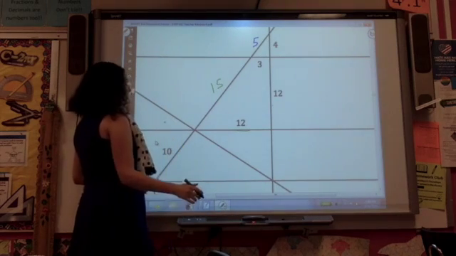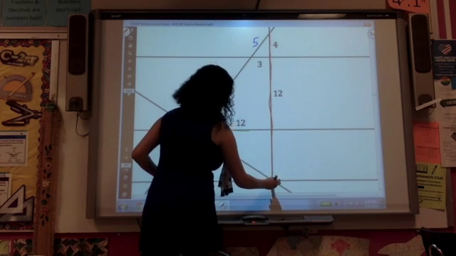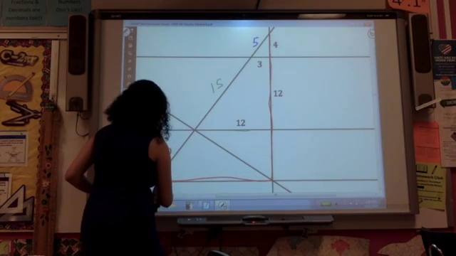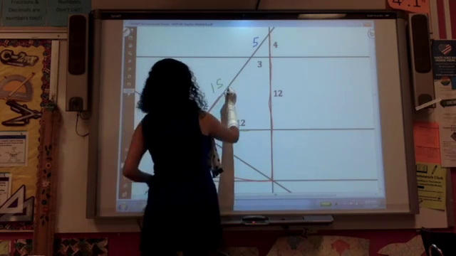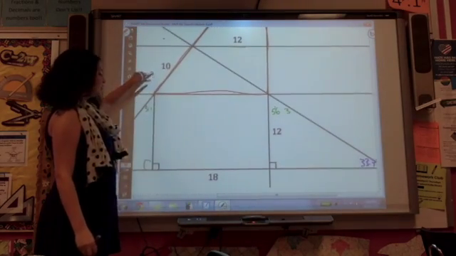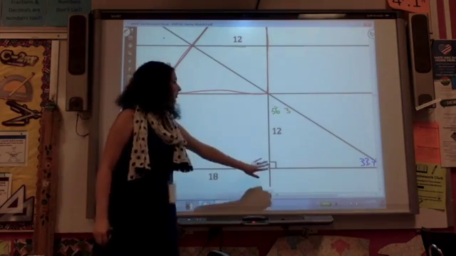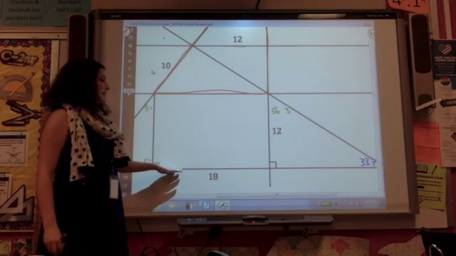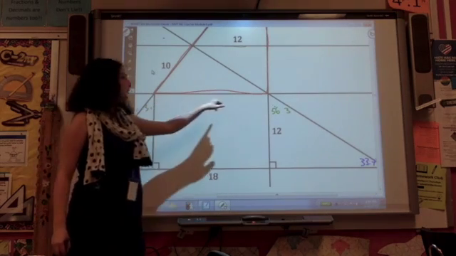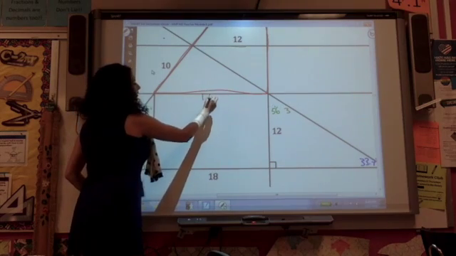Now I want to look at this red triangle. I will have to look down below at this rectangle right here. So I know that this side is 18, and because all 4 of its angles are right angles, I know that this side length is also 18.